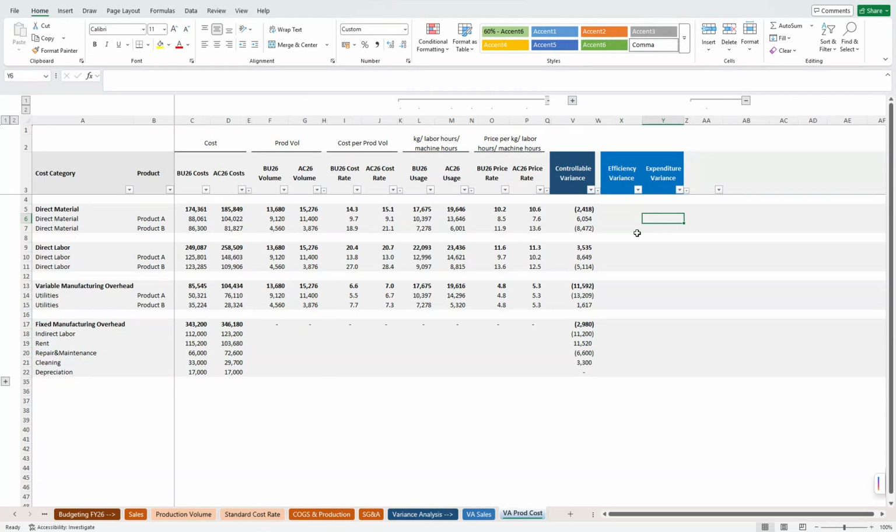On the other hand, by expenditure variance, we will measure how much they spend in actual terms for the purchase of these materials, compared to the targeted price, meaning budgeted price.